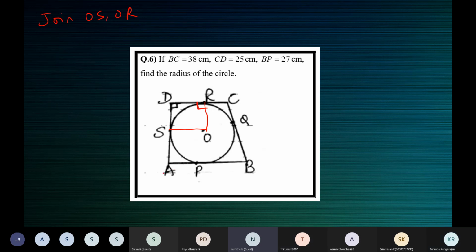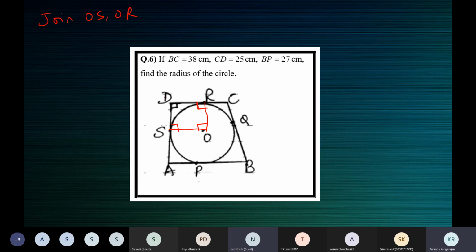Yes, ma'am. Why? Radius and tangent are perpendicular. Is this angle 90 degrees? Yes, ma'am. Then in this quadrilateral, 3 angles are right angles. Then what will be the measure of the 4th angle? 90 degrees.